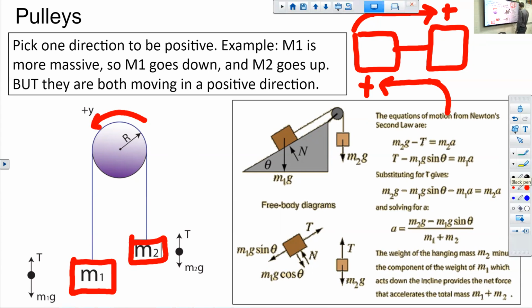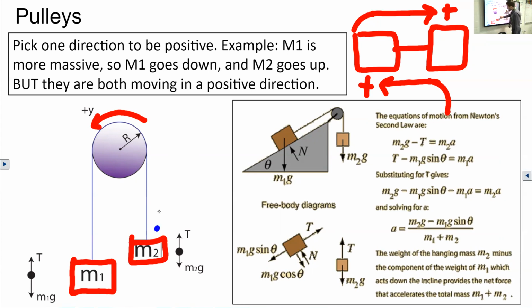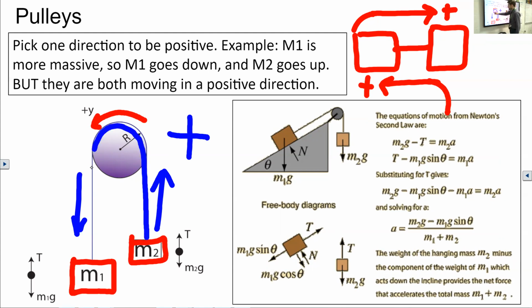Now this is a little bit backward because M2 is going to go up, M1 is going to go down, but they're both traveling in the positive direction. That's because this line connecting the two blocks is basically the same thing as this problem, just bent. That's what pulleys do. They allow you to bend it.